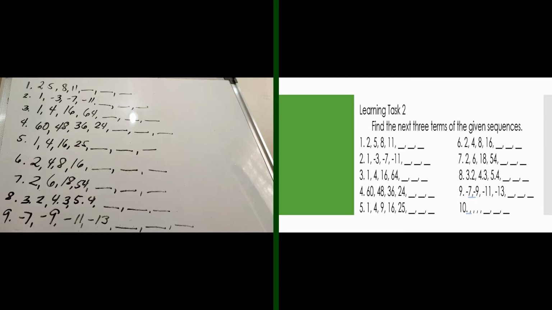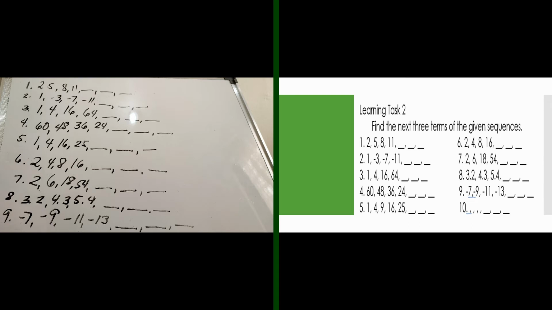Okay, so let's have learning task 2. Find the next 3 terms of the given sequences. So let's have number 1. We have 2, 5, 8, 11. In here, we're going to have 5 minus 2, or a sub 2 minus a sub 1, is equal to 3. Then 8 minus 5, or a sub 3 minus a sub 2, is equal to 3 as well.